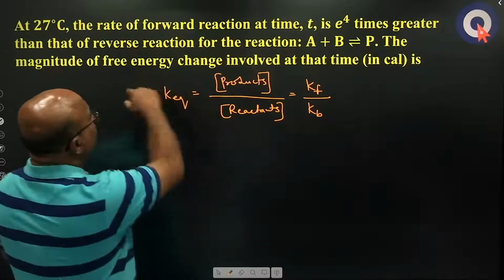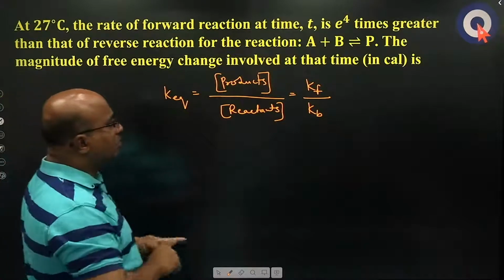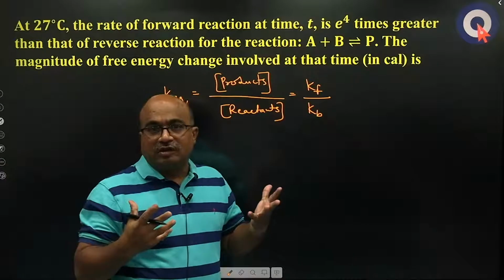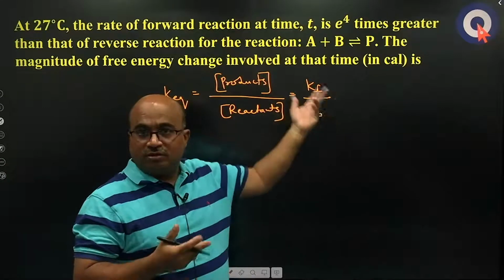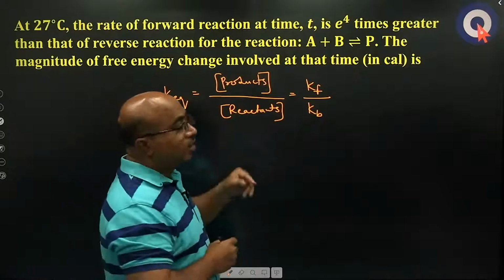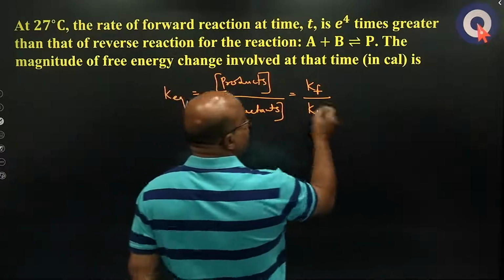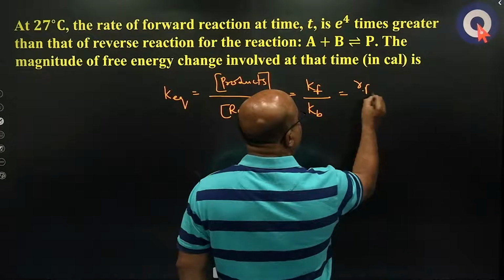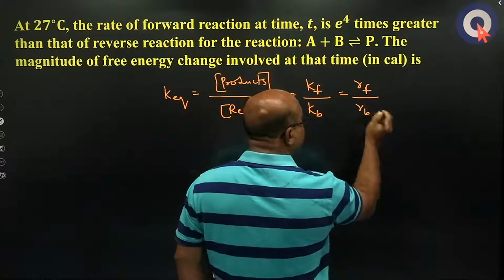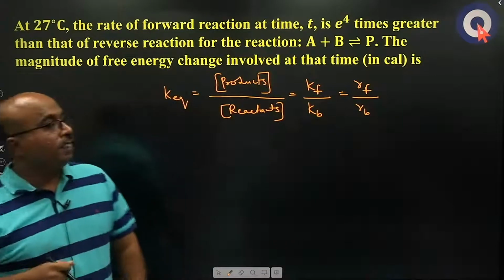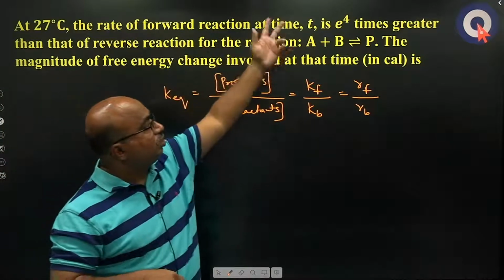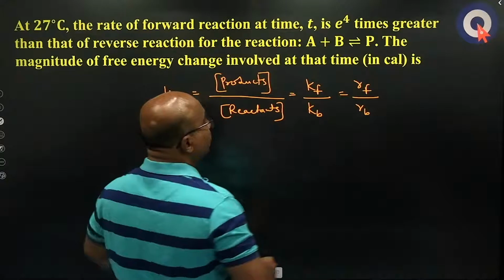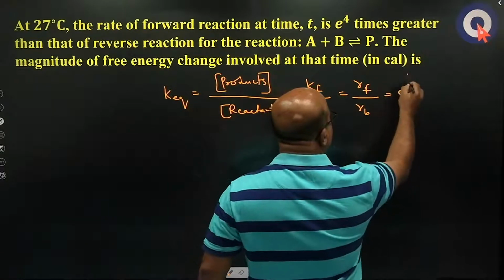When concentrations are fixed, the rate is directly proportional to the rate constant. So the rate of forward reaction is e to the power of 4 times, meaning the K equilibrium value is e to the power of 4.